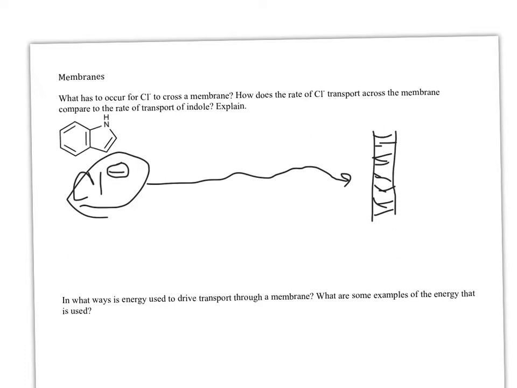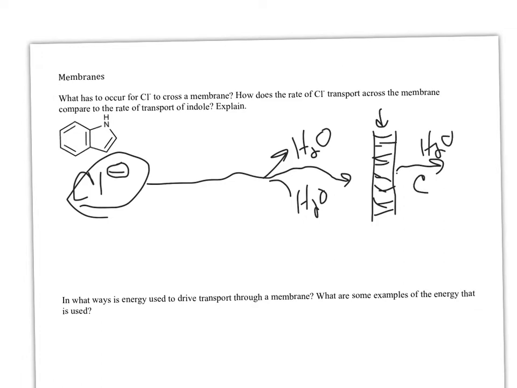Well, that would mean that all of the waters would have to be stripped from the spheres of hydration, and you would have to, in essence, resolvate the chloride ion with these nonpolar groups, and then the chloride ion would have to get across, shed itself of those interactions with the hydrophobic interior of the membrane, and then get new waters put on to the chloride ion.